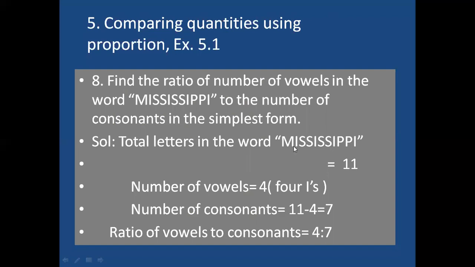We have only I, repeated 4 times. So 4 I's are there. So the total number of vowels here is 4. All the remaining letters are consonants. That means out of 11 total letters, vowels are 4, so 11 minus 4, 7 will be the consonants. So the ratio of vowels to consonants in the given word is 4 is to 7.